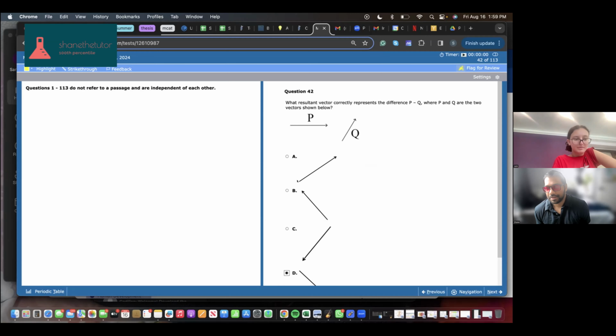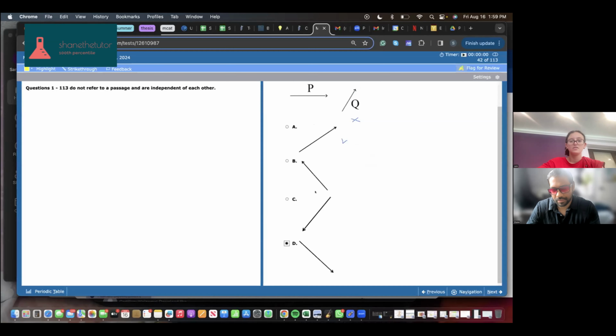And I know you add them tip to tail. And then subtracting I assumed would be the opposite. Yeah, so you're essentially adding P plus negative Q. So negative Q would just be flipped.